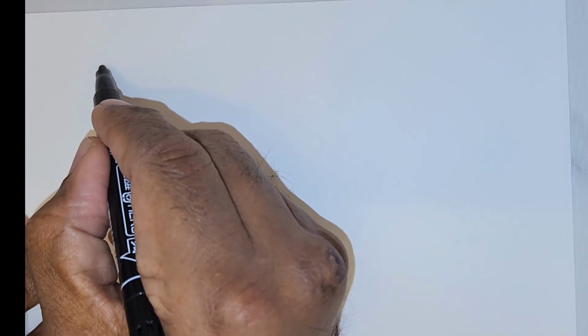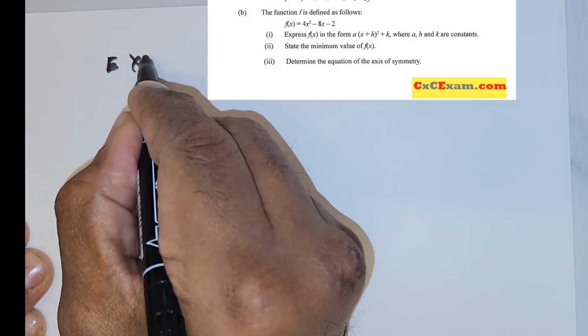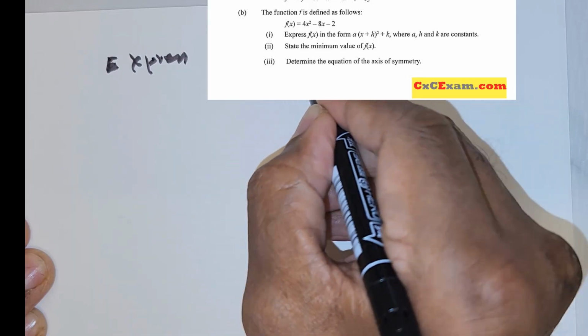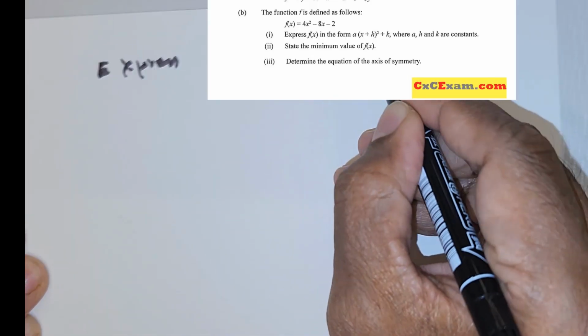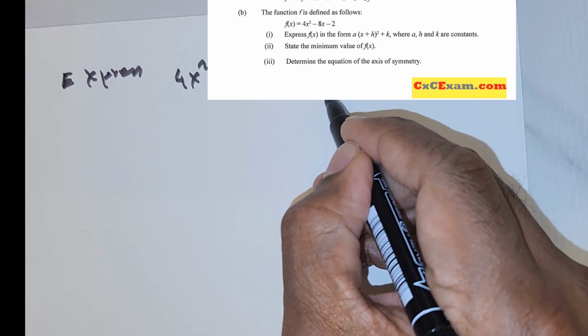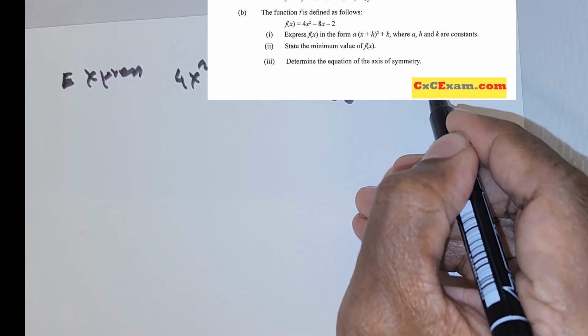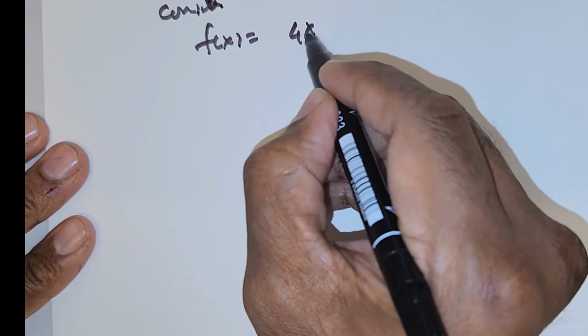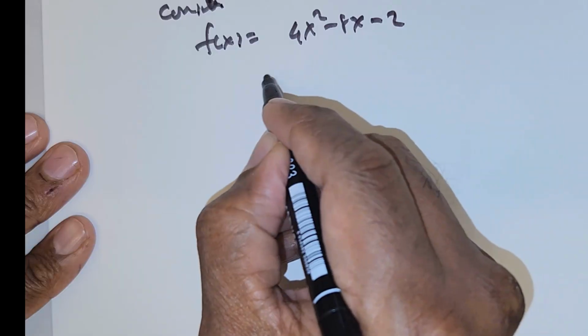Okay, this is the next question. We have to express 4x² - 8x - 2 in the form a(x + h)² + k, with f(x) being equal to 4x² - 8x - 2.